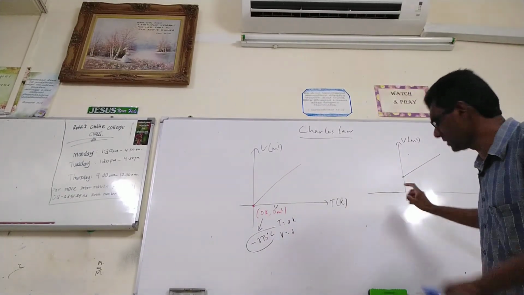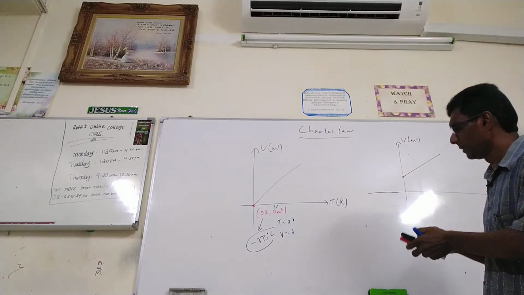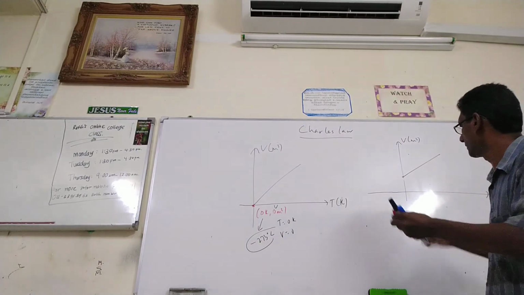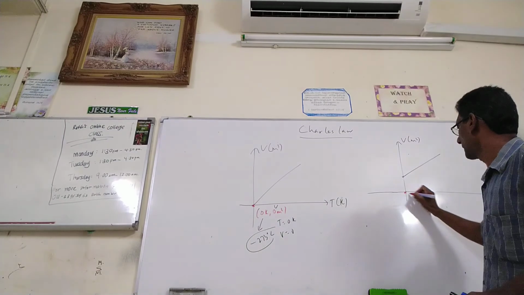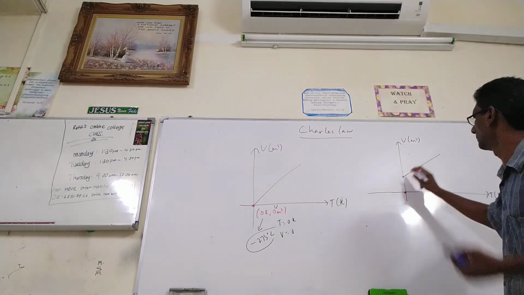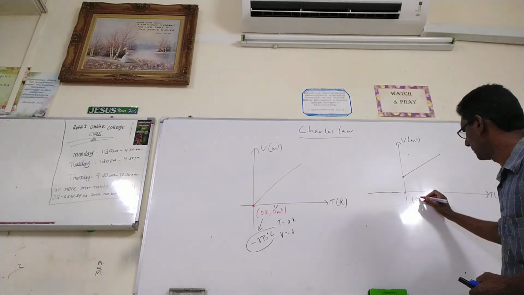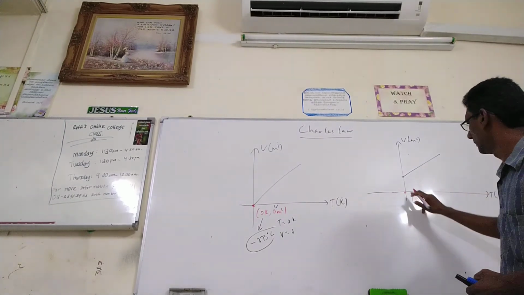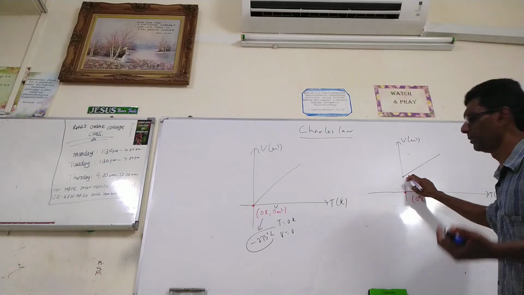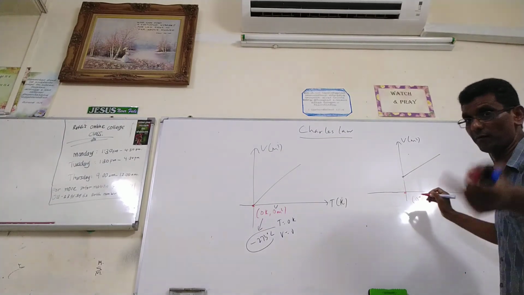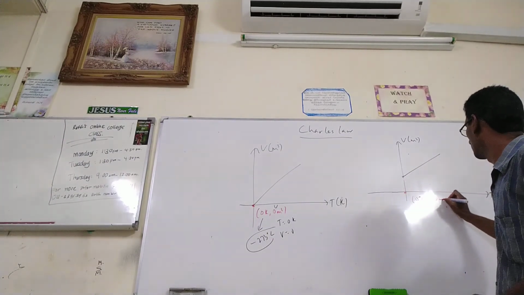So the temperature here is 0 degrees Celsius, with a certain volume, for example 20 meter cube.